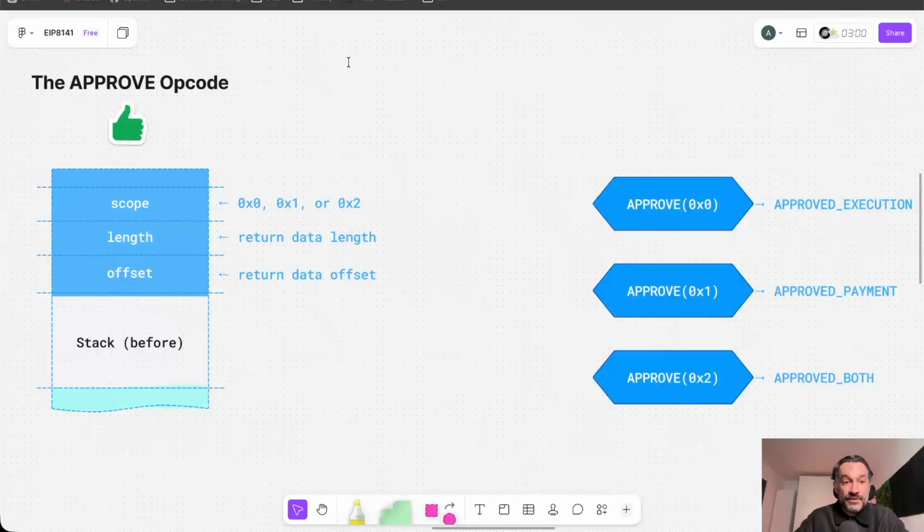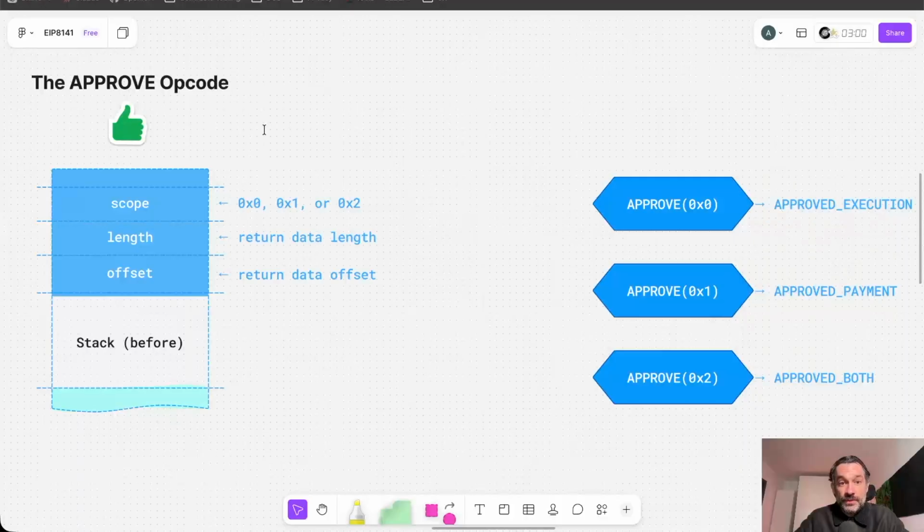In the next frame, if we exit with the same opcode, the frame will revert, not the full transaction.